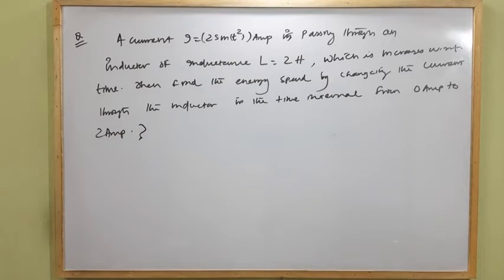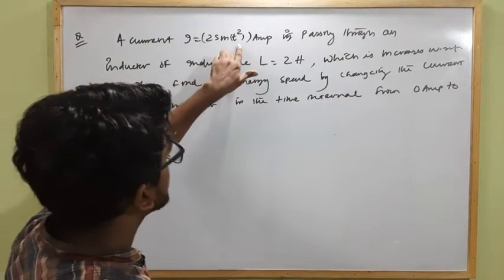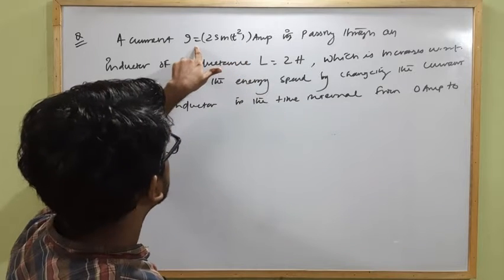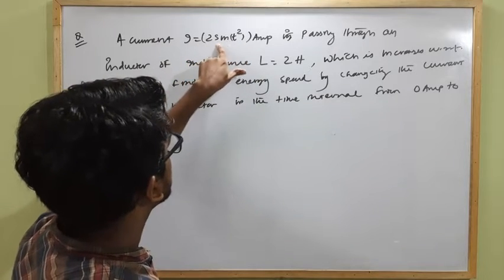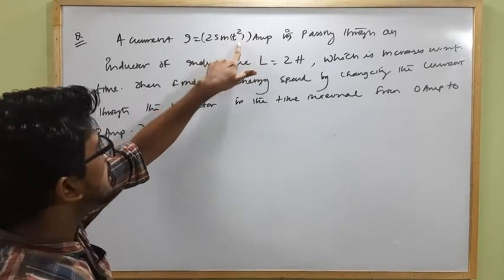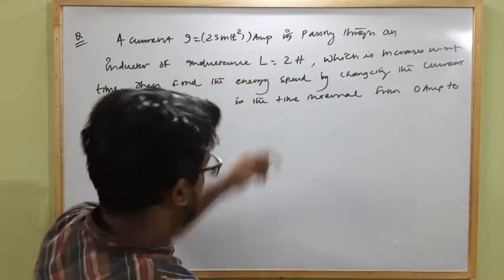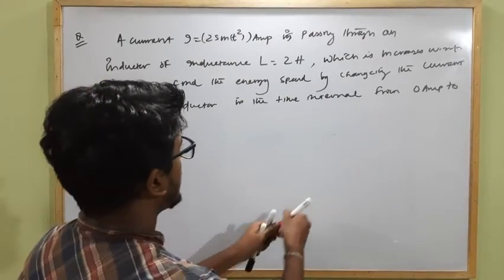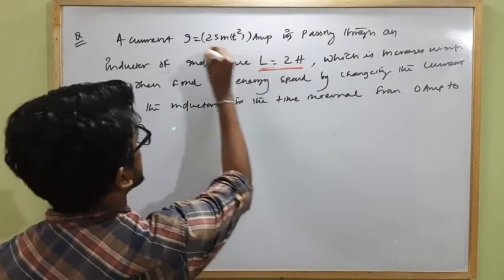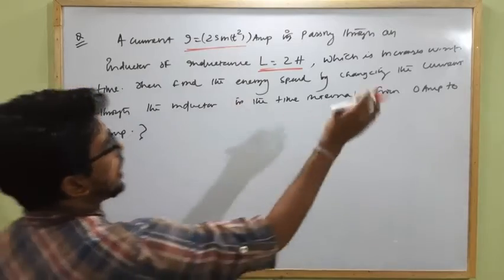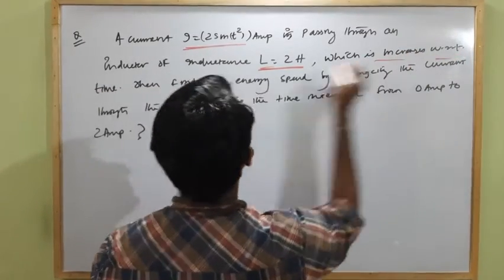Clear? So a current which increases with respect to time t, represented as I equal to 2 sin t square ampere, is passing through an inductor of inductance 2 Henry. This is the current passing through the inductor, which increases with respect to time.